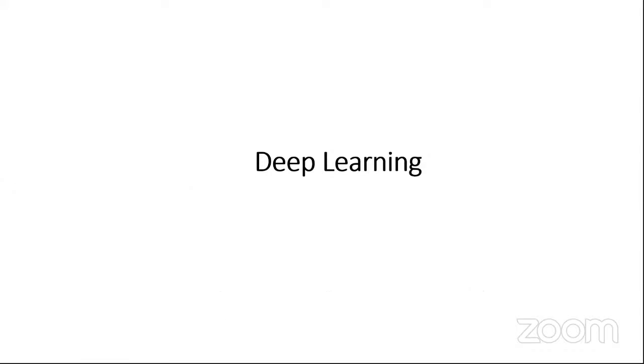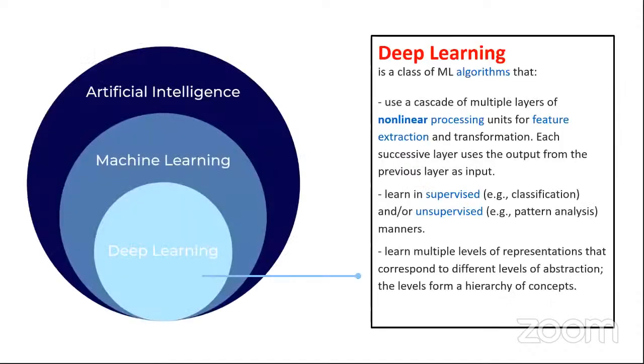If that is the neural network, what is deep learning? Deep learning, as we all know, is a subset of machine learning. From artificial intelligence, the subset is machine learning, then deep learning. Deep learning is where we have neural networks.